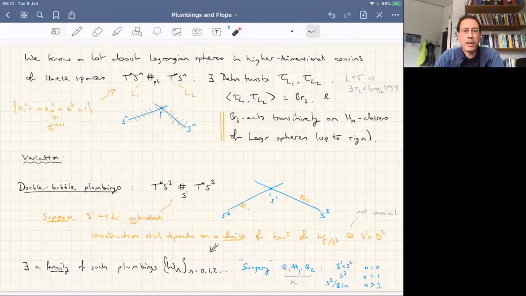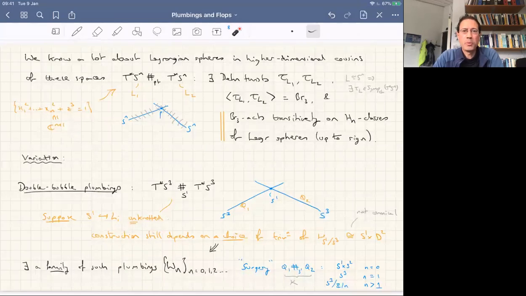And actually, the braid group is acting transitively on the homology classes of Lagrangian spheres. Again, up to some question of sign, because Lagrangian submanifolds are not canonically oriented. Okay, so now in this case, this is not an easy theorem to prove, but it's a theorem that we know. It has a reasonably constructive proof.